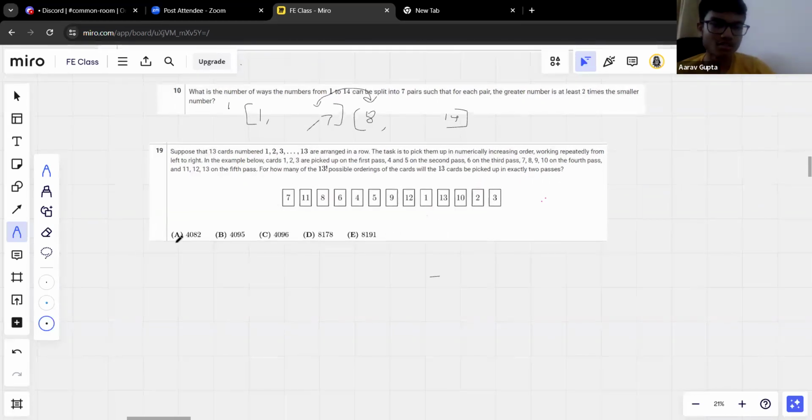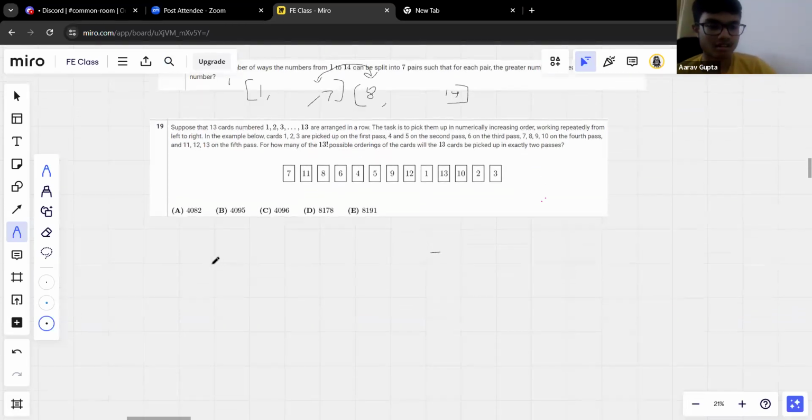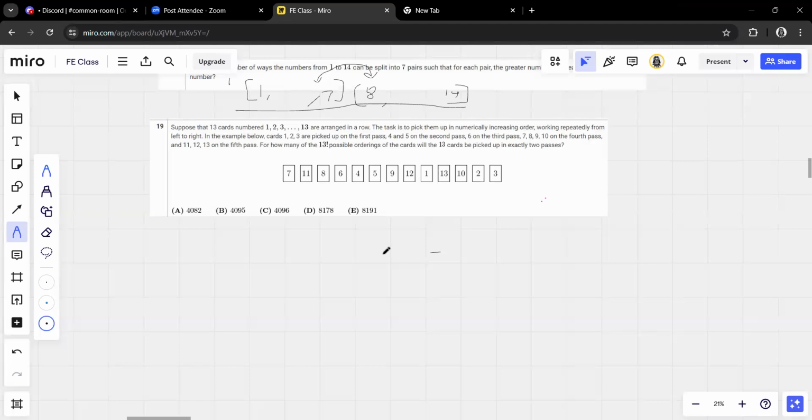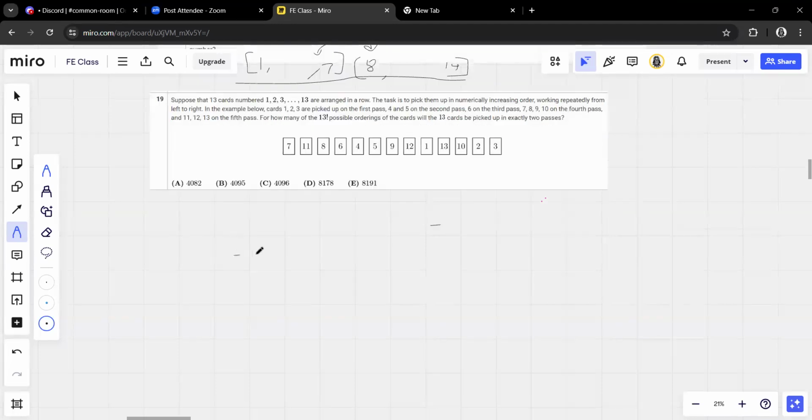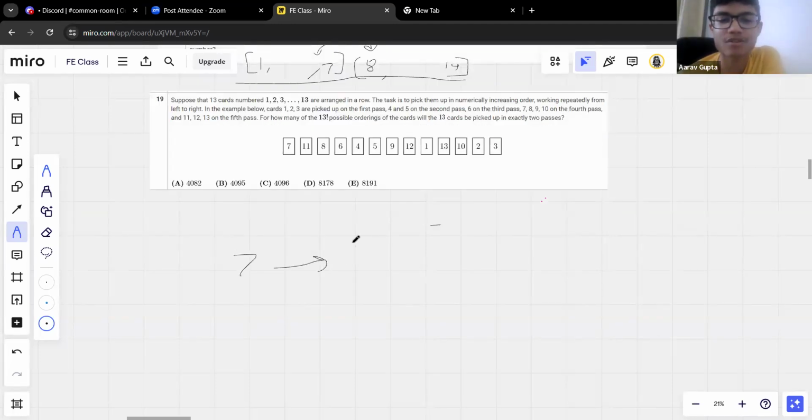So for number 10. Everyone understood this is true, right? Okay, so now 7 can only be connected to 14, which is one case. 6 can be connected to 12, 13, or 14, which is 3 cases.